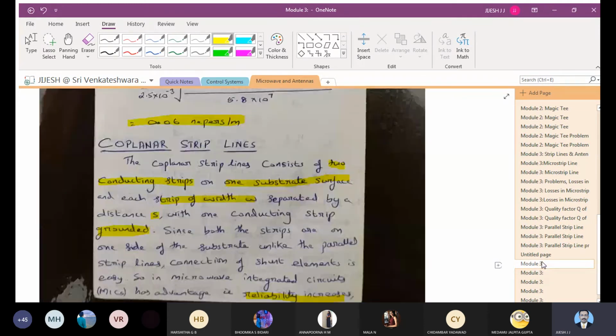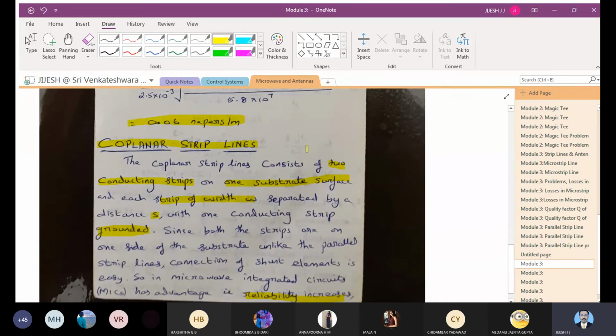So before going too much into detail with equations, you can just note down this topic, coplanar strip lines. What you have to understand is that it consists of two strips separated by a distance of S, having a width of W, placed on the dielectric slab, and one of the strips is grounded.